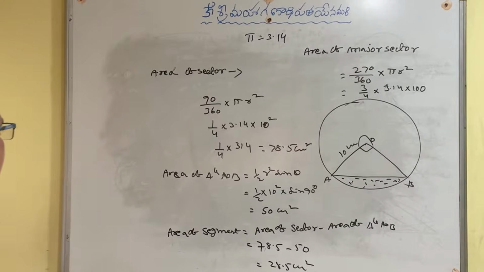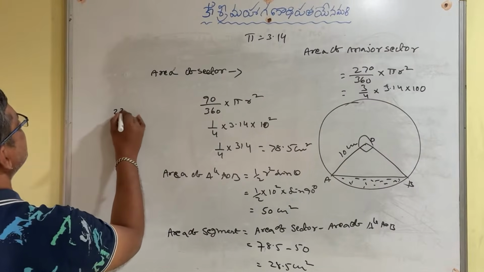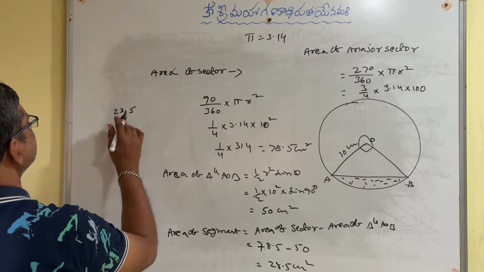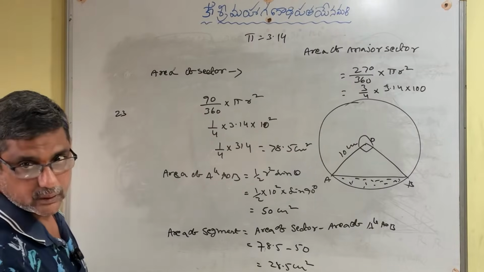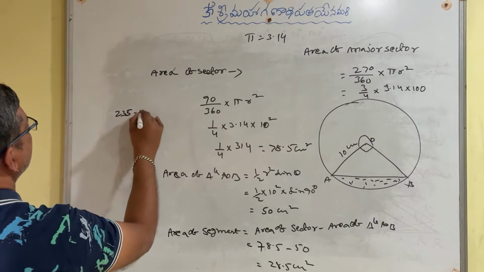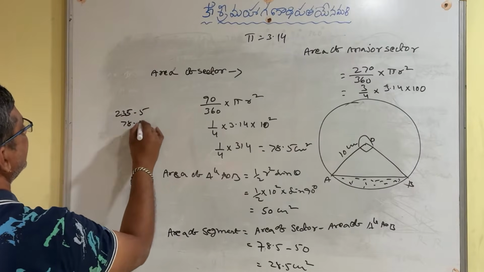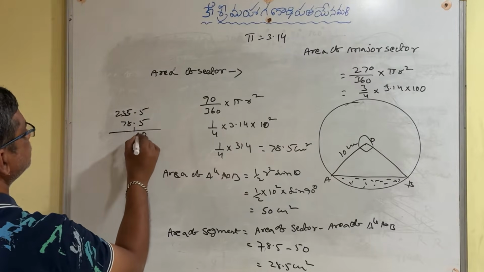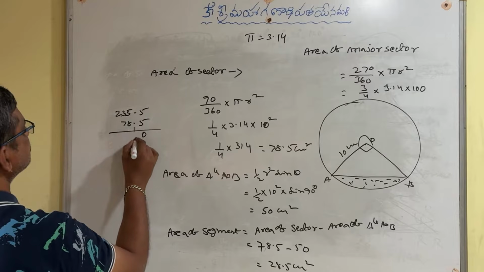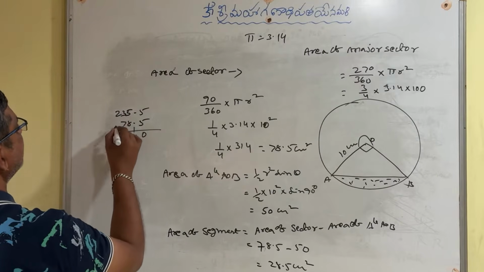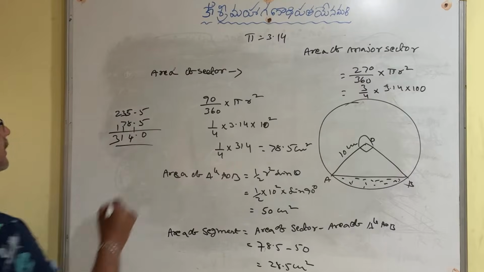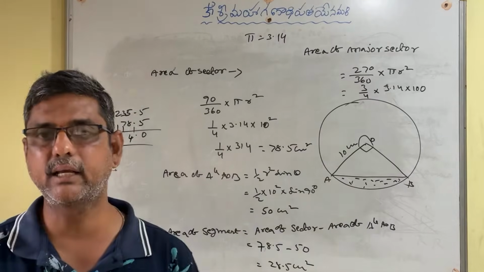Because when we add the major sector area 235.5 and the minor sector area, we need to get the circle area.